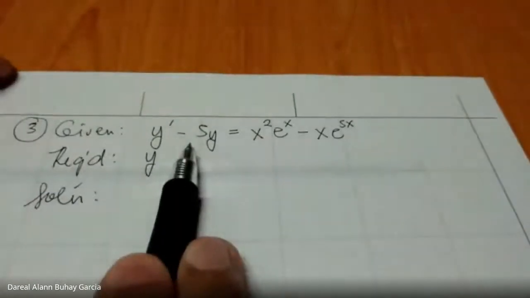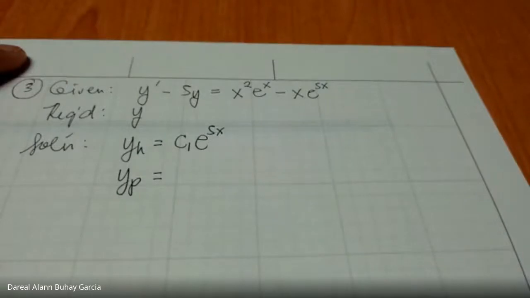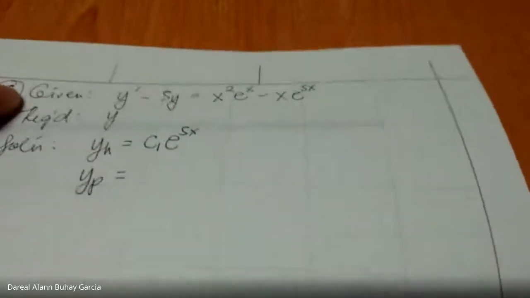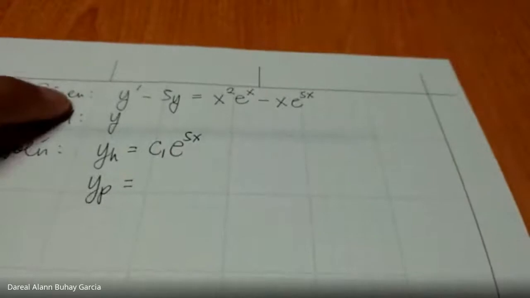Again, we already have the solution for the homogeneous part. YH is equal to C1 e to the power of 5x. Alright. So our YP will be like this. There are two parts.